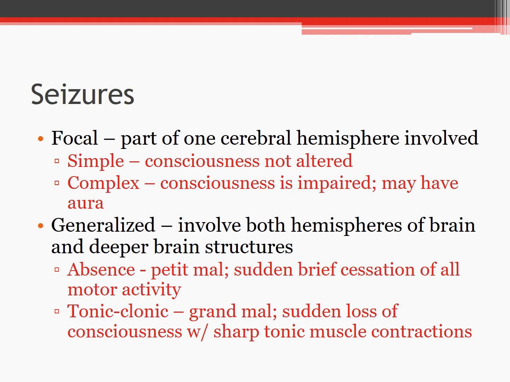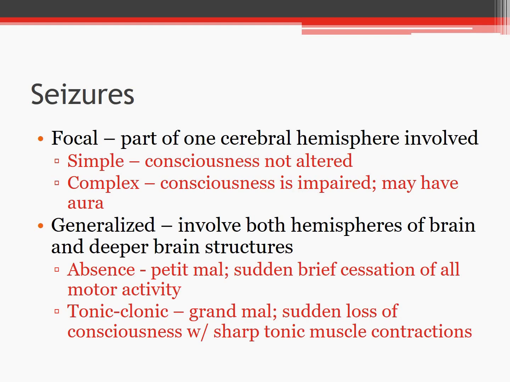During this, the patient can experience cyanosis and excessive saliva. They can have injury to their gums, cheeks, or tongue, and they also might be incontinent during a tonic-clonic seizure.